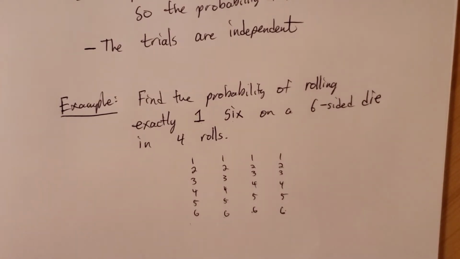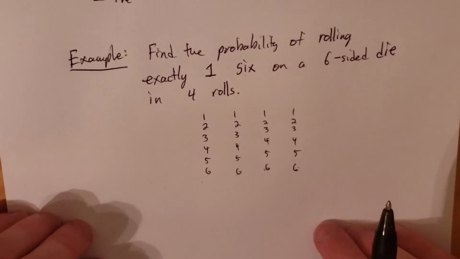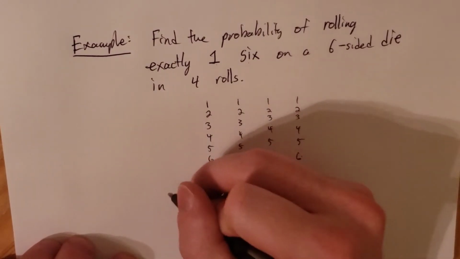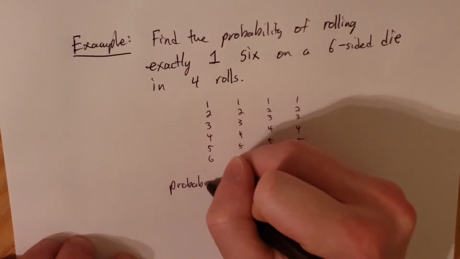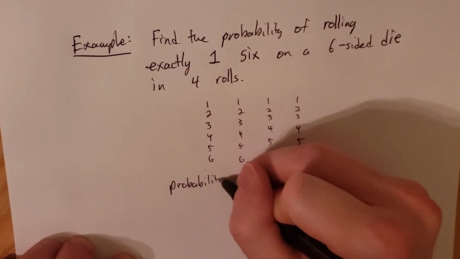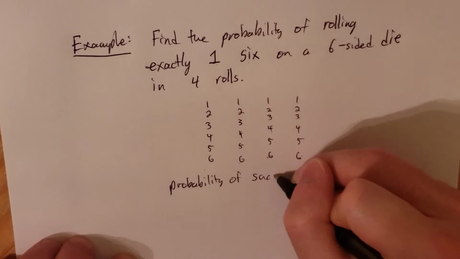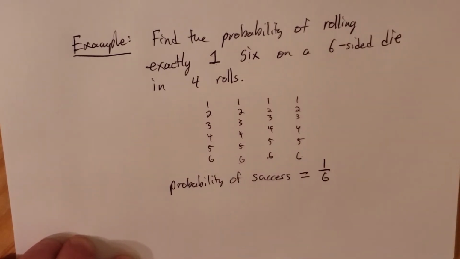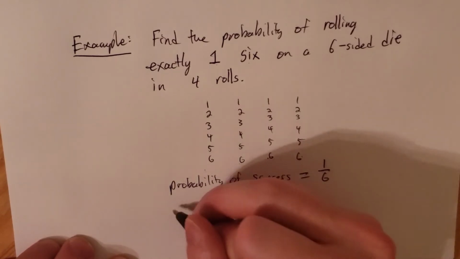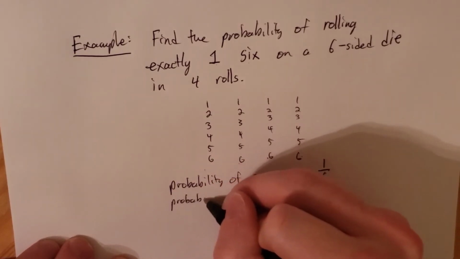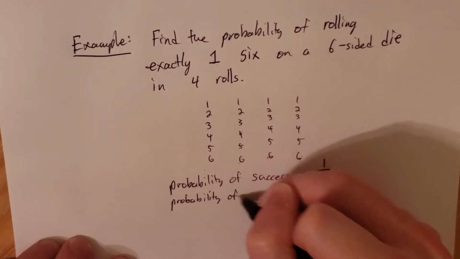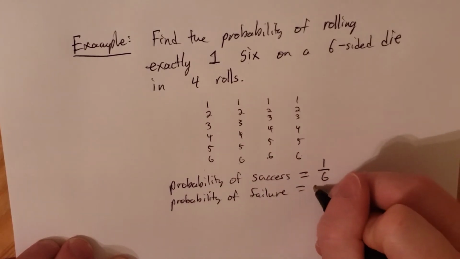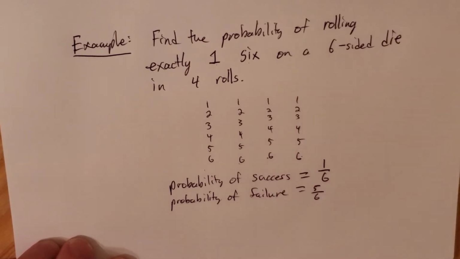So our probability of success here, success means roll a 6, is equal to 1 out of 6. Our probability of failure, so not rolling a 6, is 5 out of 6.